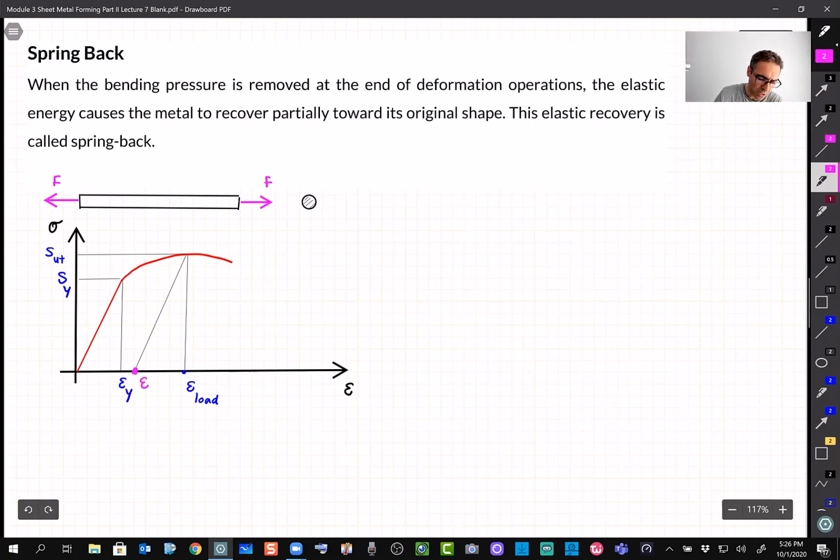If we draw a parallel line, it depends on the E, the modulus of elasticity, the slope of these lines. If you remember, the slope, alpha, gives us the modulus of elasticity. We will get to this epsilon, which for now let's call epsilon final. This is where we are going to get, all right? And you guys were right, it is going to spring back. And how much is it going to spring back? This is the amount that is going to spring back.